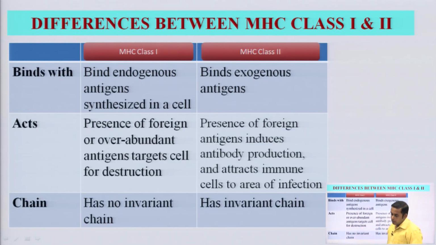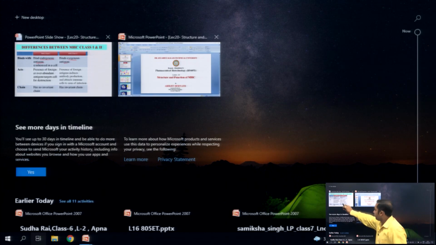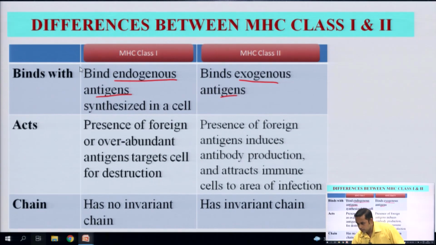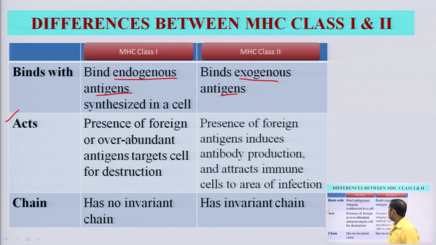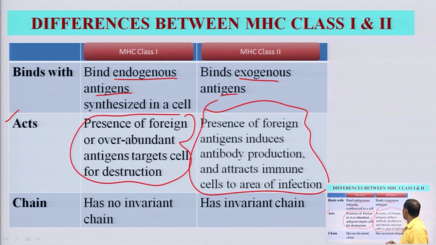If I tell you more, class 1 binds endogenous antigen synthesized in the cell, while class 2 binds exogenous antigens, exogenous meaning outer. How does it act? It acts against the presence of foreign antigens and causes target cell destruction.